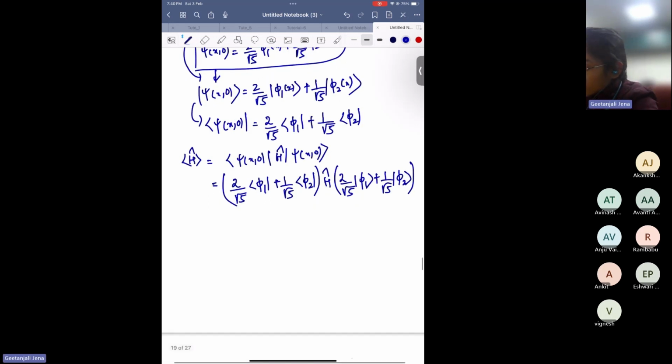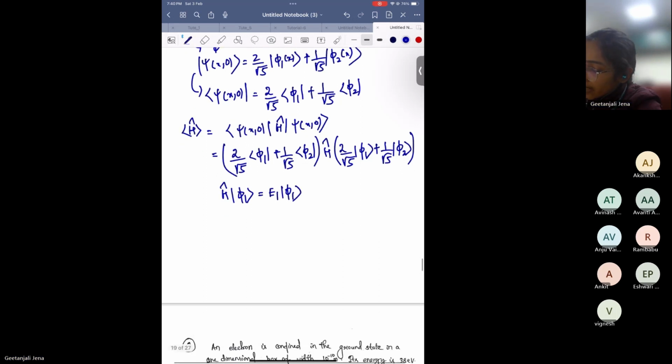Now when the Hamiltonian operator acts on a state, like the time evolution operator, it will also factor out the energy. So H on phi 1 will give E1 phi 1, and when H acts on phi 2, it will give E2 phi 2.